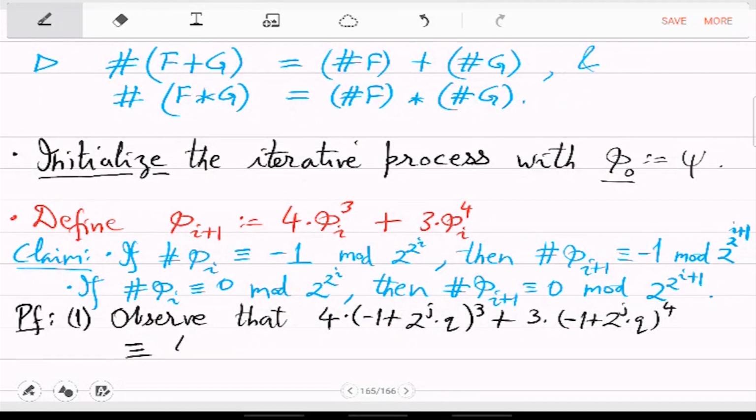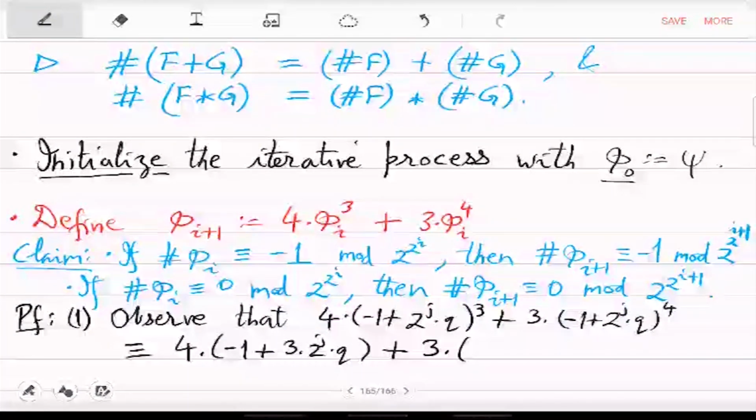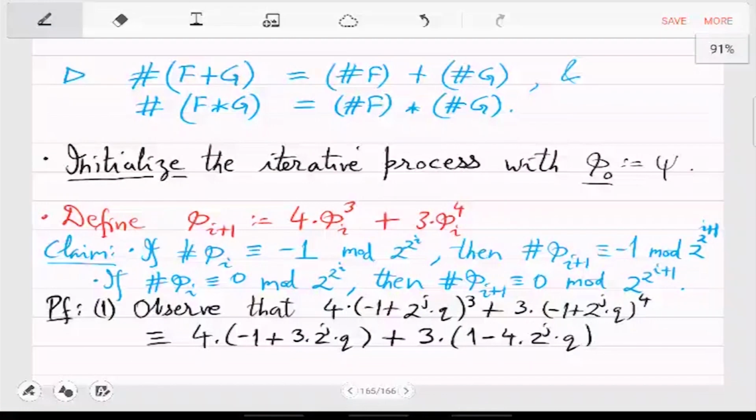How? So let's check it. So this is 4 times minus 1 plus, using the expansion of cube, you get 3 times 2 raised to j, q, and then you will get multiples of 2 raised to j plus 1. So we can drop those, and the second one gives you 1 because it's an even power, 4th power, minus 4 times 2 raised to j, q, right, which is what?